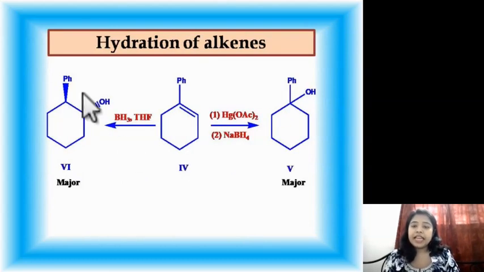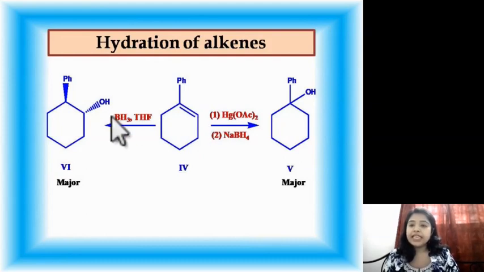In the next slide, as you can see, this is the example of hydration of alkenes. Suppose this is the olefin. Now there are two options. One is OH being added to this carbon. Another is OH being added to this carbon.